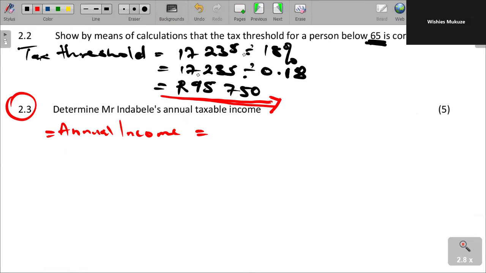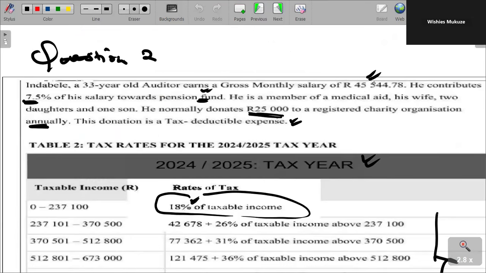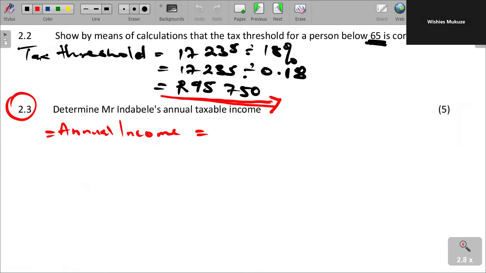Per month it is stated that he earns 45,544.78, multiplied by 12 for the annual amount.